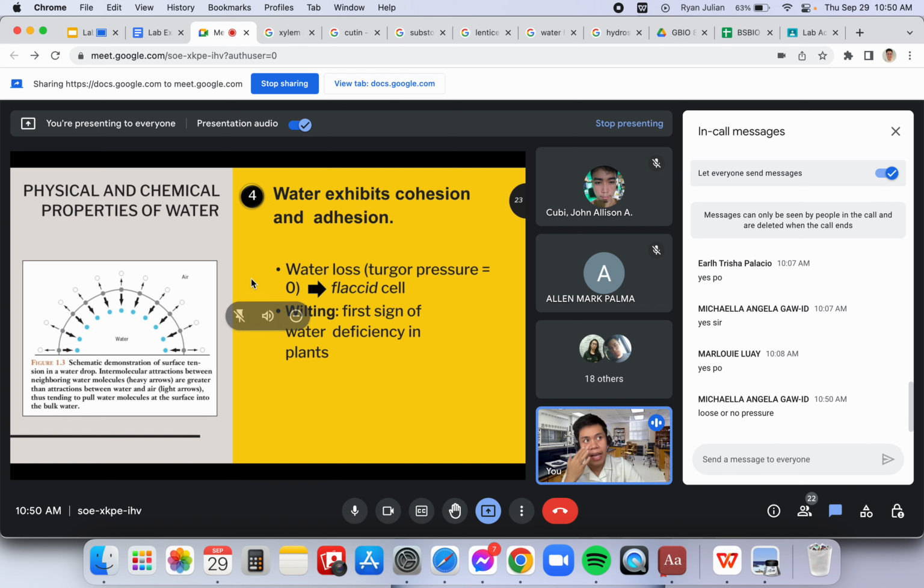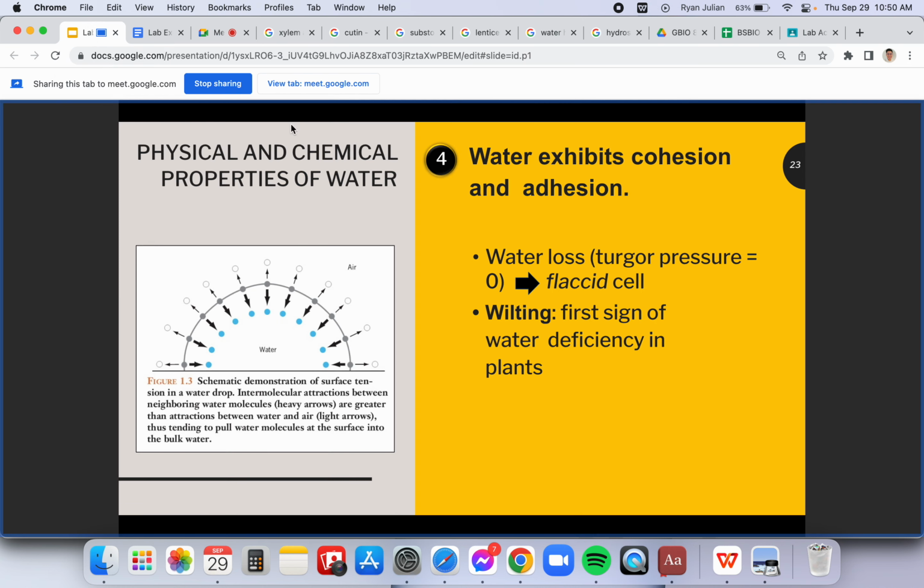When we say flaccid, they have no pressure. They are soft. Ang opposite term ng flaccid is hard, right? So dahil na-lose ang pressure sa ating cell, it occurs in the process of transpiration, which is the water loss activity. And that can result in a cell being flaccid in nature. Wala na po siyang content sa loob. And having said that, when the cell becomes flaccid, it can result in wilting.